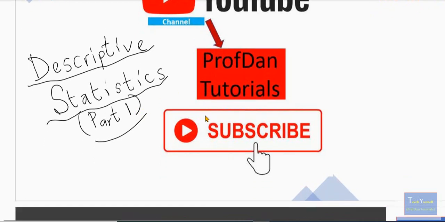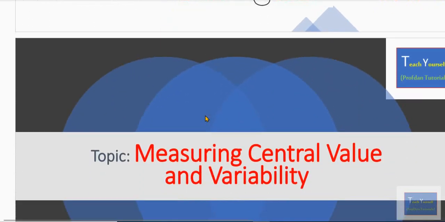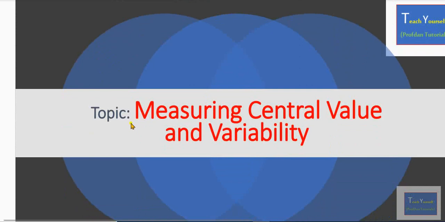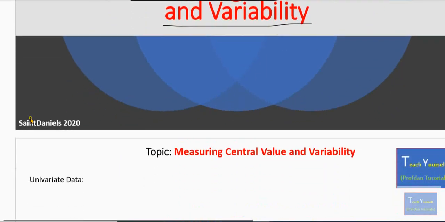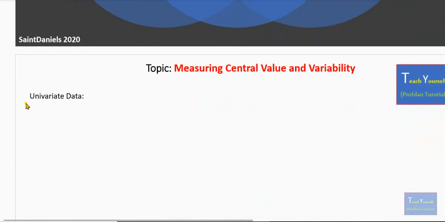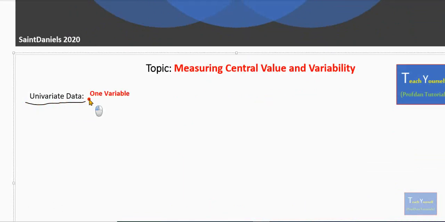But for today, our focus is going to be on measuring central value and variability. First, we're going to learn what we call univariate data.